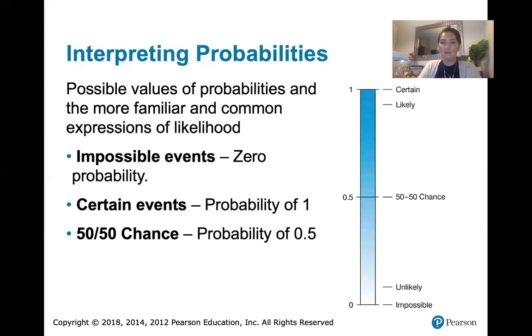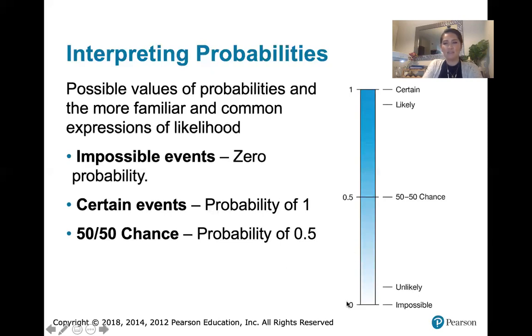So if you have numbers that are strictly greater than 1, those can't represent probabilities. If you have numbers that are less than 0, so they're negative, they can't represent probabilities. But all of the numbers between 0 and 1 represent a measure of the likelihood that some event is going to happen. And those all make sense.